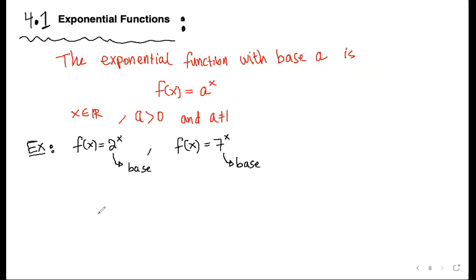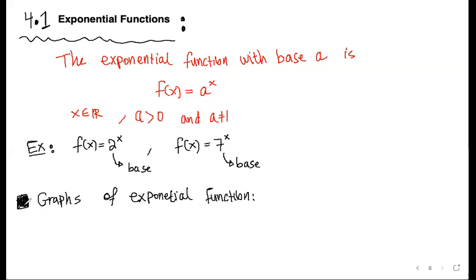The first thing we have in this section is that we're going to graph any exponential function. So, graphing of exponential functions.